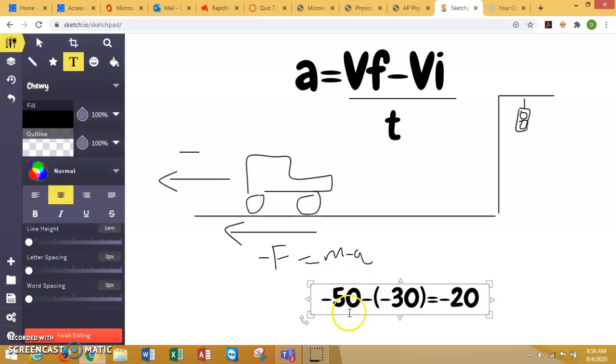So I made my final speed negative 50. I made my initial speed negative 30. And you take negative 50, which is your vf, and subtract negative 30, which is your vi, you get negative 20. So you get a negative acceleration. But that just means you're going to the left. Your speeds are increasing to the left. So there's nothing wrong with that.